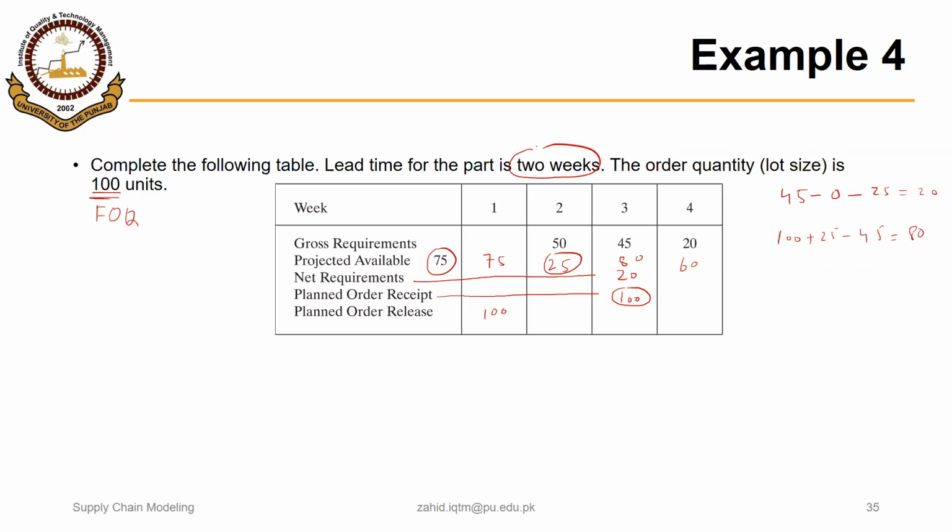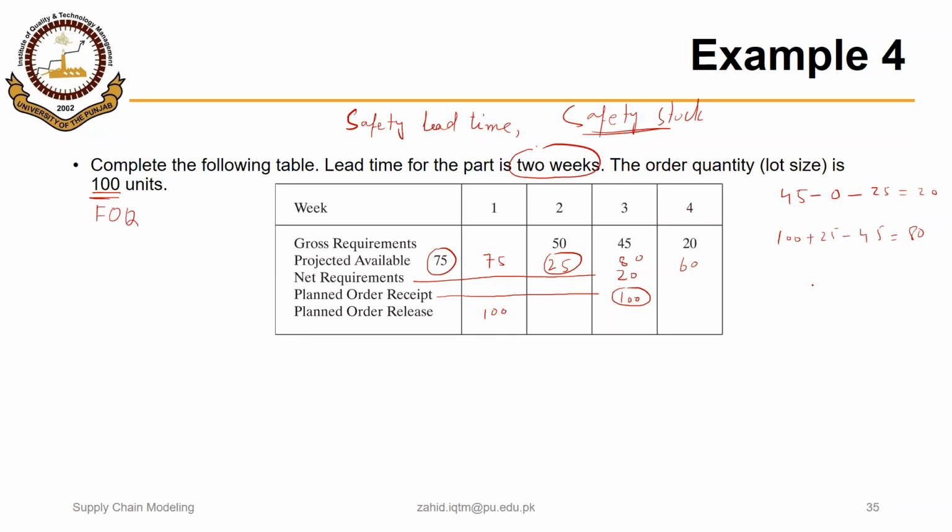One important point that you should keep in mind is that in all these examples that we have discussed so far, we have not considered both safety lead time as well as safety stock. But if we focus on safety stock at the moment, then the logic of this matrix will remain the same.